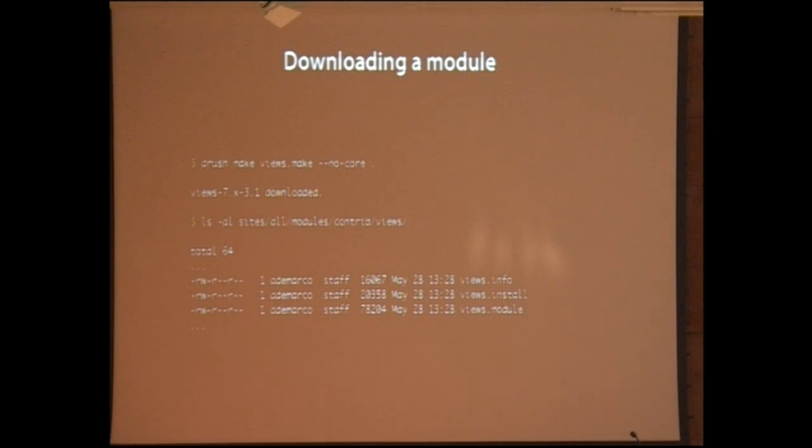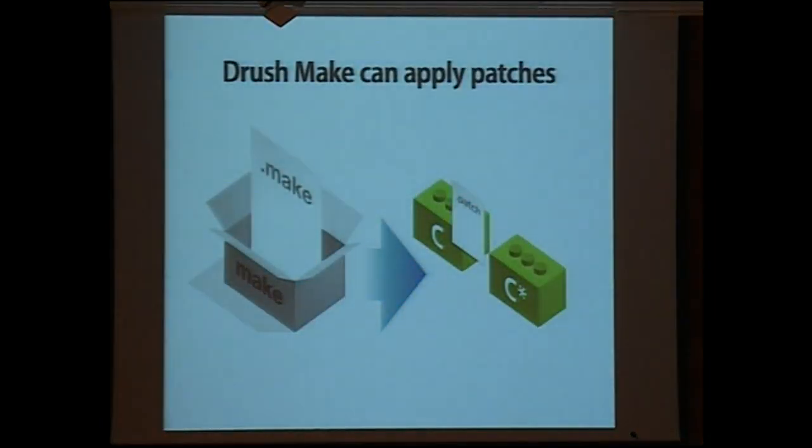The --no-core option is just a technicality, meaning that I'm not downloading Drupal, otherwise Drush Make would expect to have to download Drupal. And it downloads our views module, and we get everything related to it.